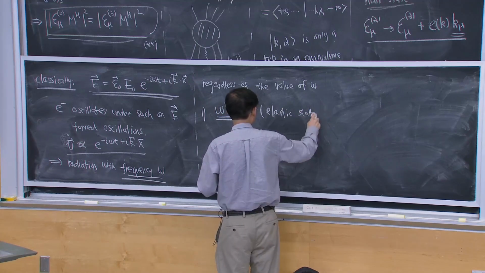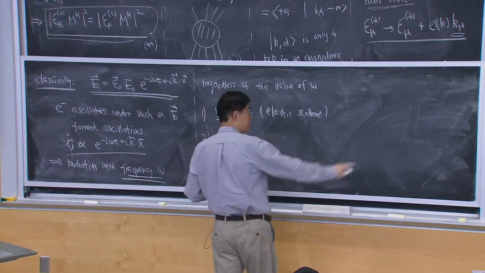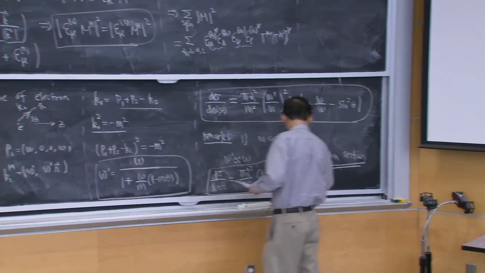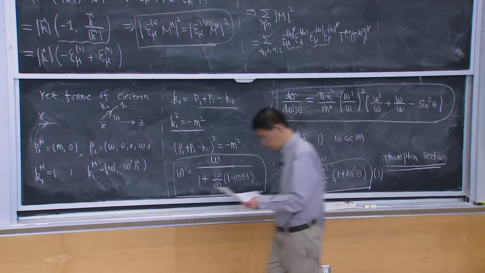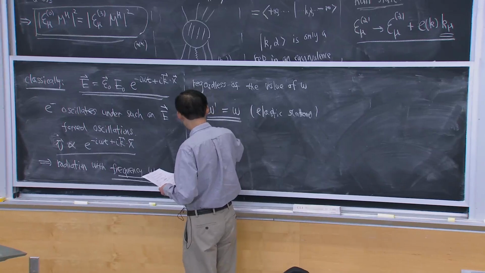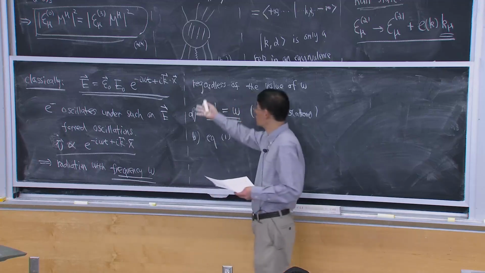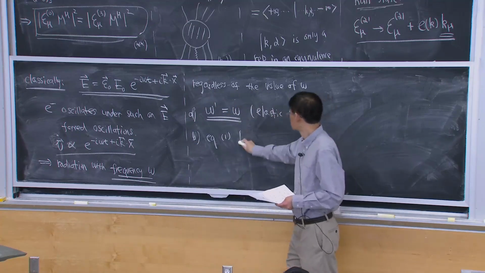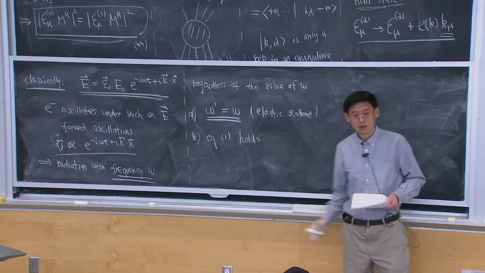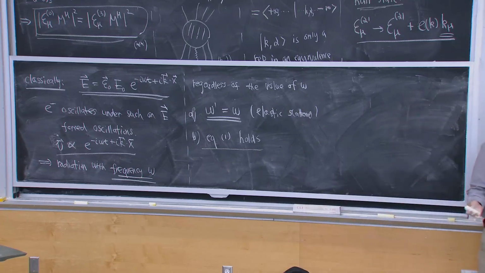The photon frequency does not change. Let me call this equation 1, and let me call these A and B so as not to get confused. Equation 1 holds. So the classical, very robust prediction is that you always have elastic scattering when you shine light on the electron, and you have this Thomson cross section.